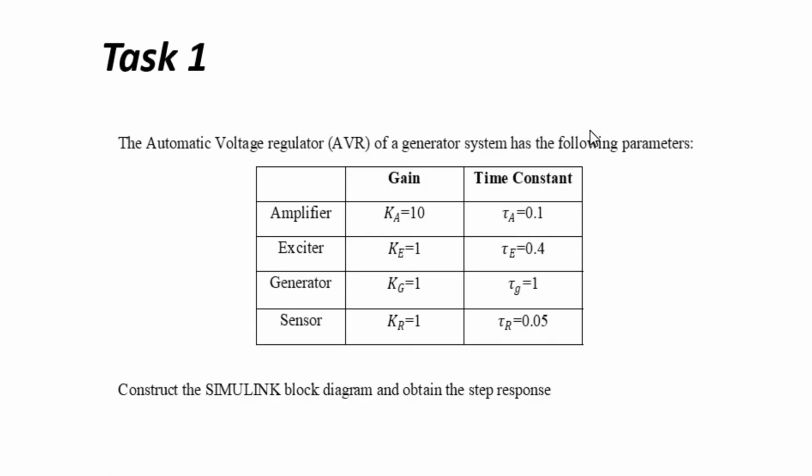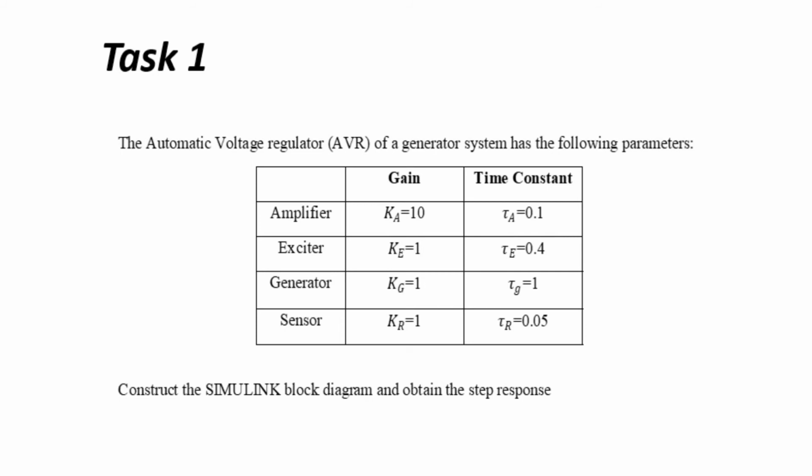Okay students, now coming towards our task, here we have to construct the Simulink block diagram for the automatic voltage regulator, and then we will obtain the step response of our automatic voltage regulator. You can see here that the parameters for amplifier, exciter, generator and sensor are given.